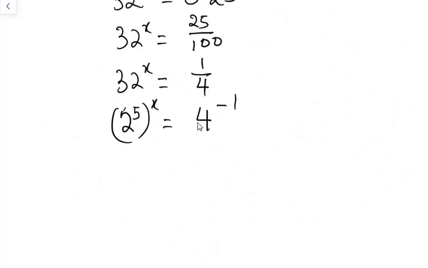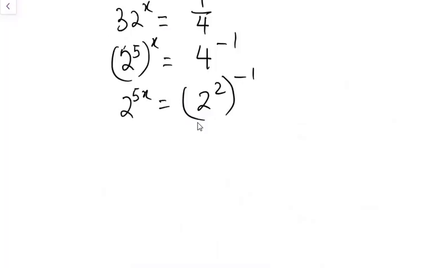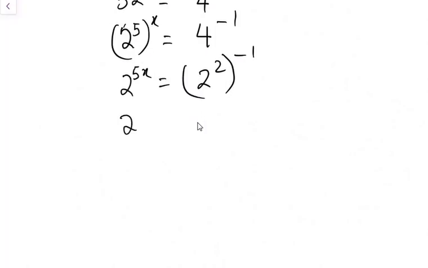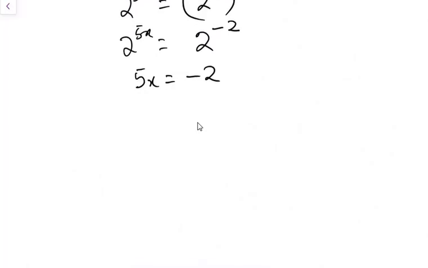Remember, we always want to go to the lowest root and make sure what you have on the left hand side equals to what is on the right hand side. So we have 2 raised to the power 2 because 2 times 2 will give us 4. And then we have 2 raised to the power 5x and 2 raised to the power minus 2. Applying that law, 2 on both sides we cancel out. 5x equals to minus 2.